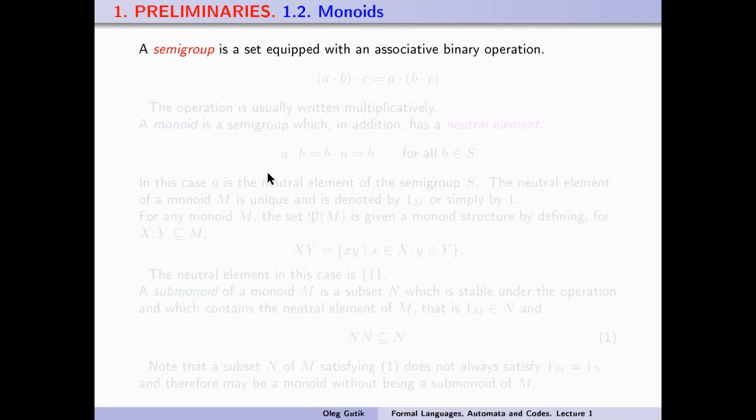What is a semigroup? A semigroup is a set equipped with an associative binary operation. What is a binary operation?